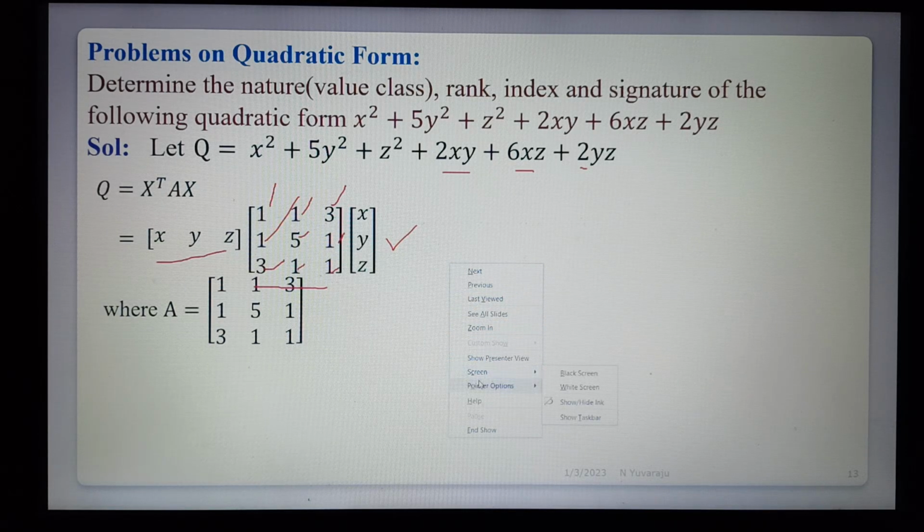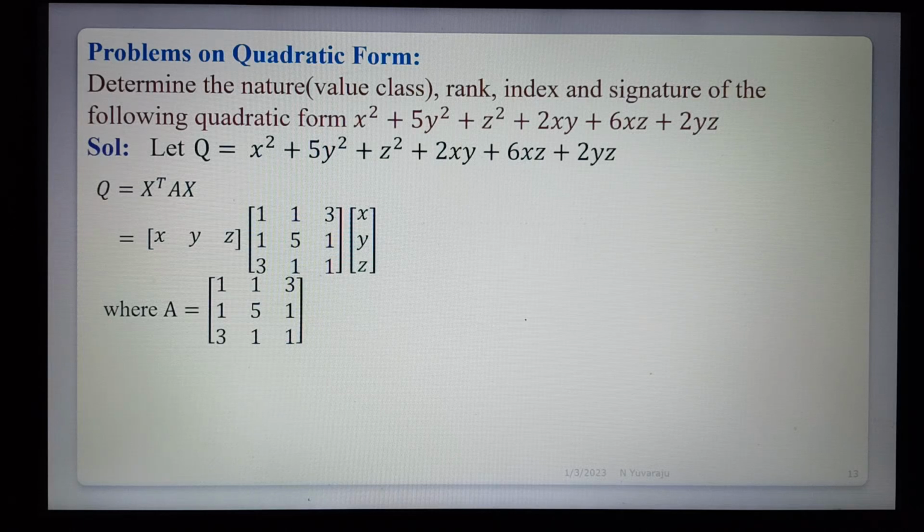Now how to find the rank, index, signature and nature? We have to find the eigenvalues. There are two ways, depending on the eigenvalues or depending on the canonical form, but here we do not convert to canonical form; we use the eigenvalues of the coefficient matrix.